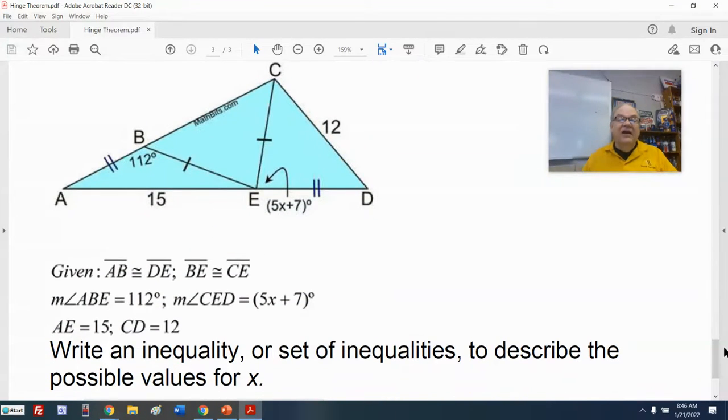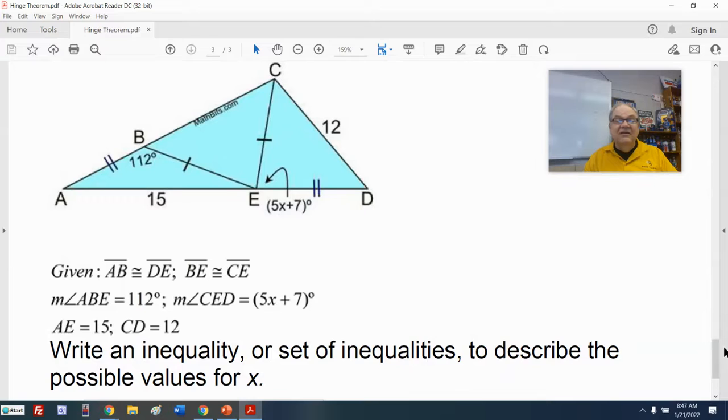And finally, the last kind of problem I have here sounds way more complicated than what you might think. But again, if you look at it, the triangle on the bottom left and the triangle on the right both have sides that are marked with 1 slash and 2 slashes. So they're the triangles we want to focus in on. And I have one of those that has a side that's 15 and one of them that's a side that's 12.